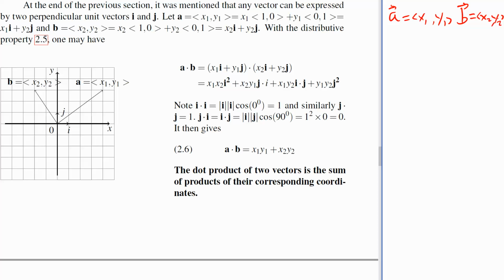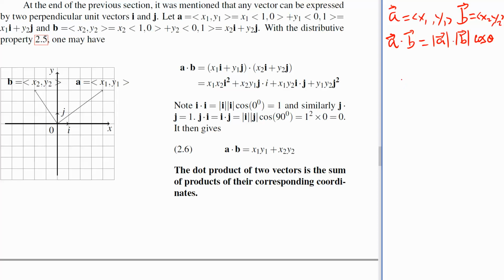We get the dot product A dot B will be the length of A times magnitude of B. They are the same thing, length, magnitude, and then times cosine theta.